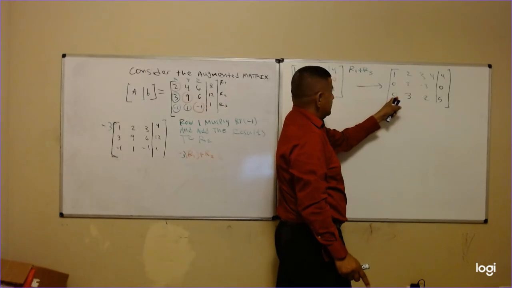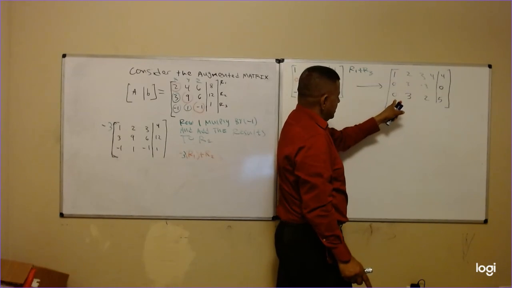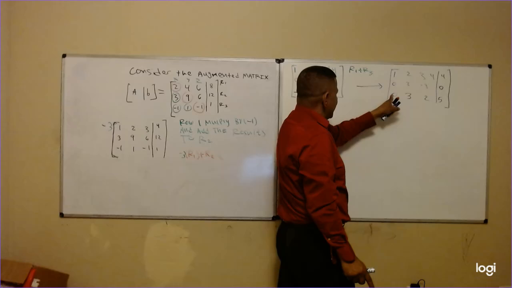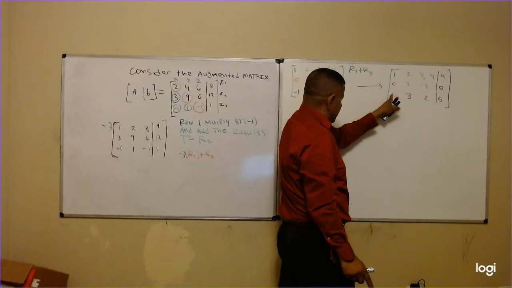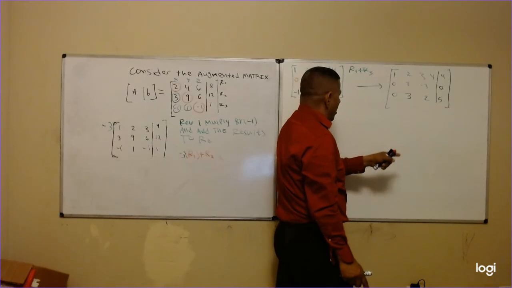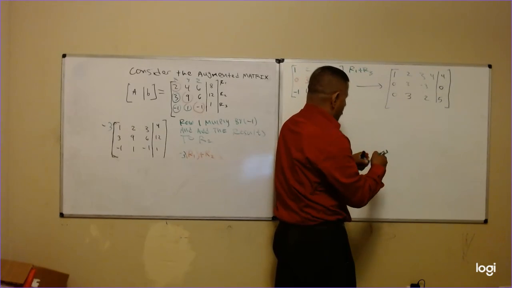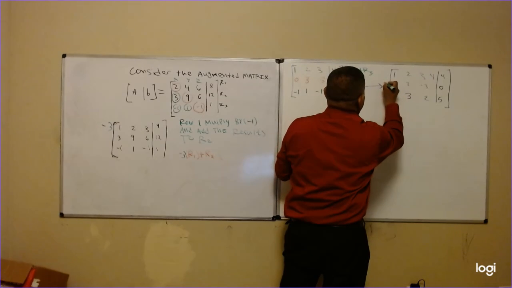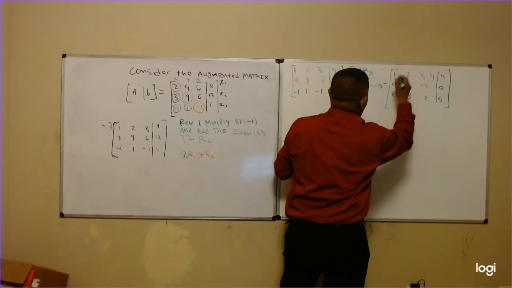I don't want to do that. If I use row 1, it's not going to work because that will add a number to 1, making it either a negative 1 or a 1. So I don't want that. I want this to stay 0. So to do that, I multiply this by a negative 1.